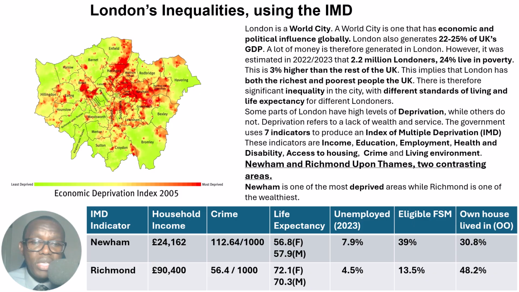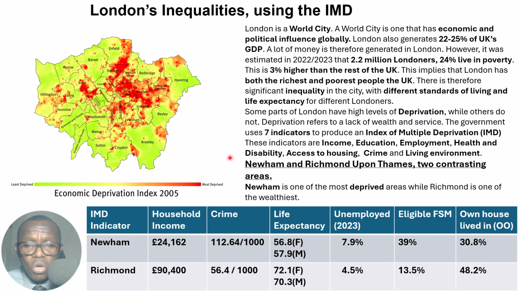And as you can see here, this is the IMD, and if the color is red, it's obviously quite deprived. But if the color tends towards light green, then it's less deprived. And obviously, as you can see from the map, Richmond upon Thames is less deprived, and Newham here is quite deprived.